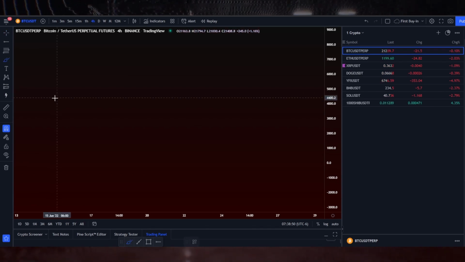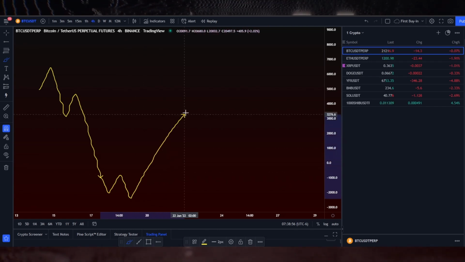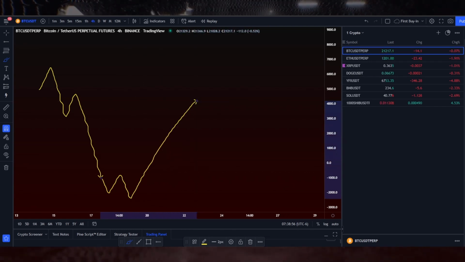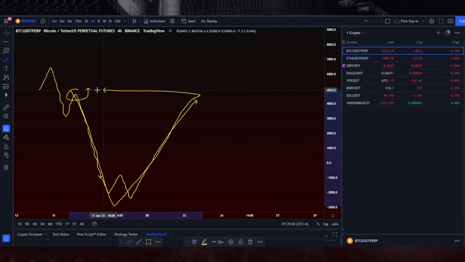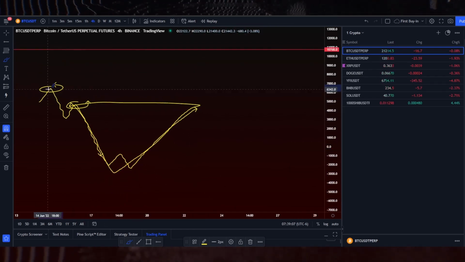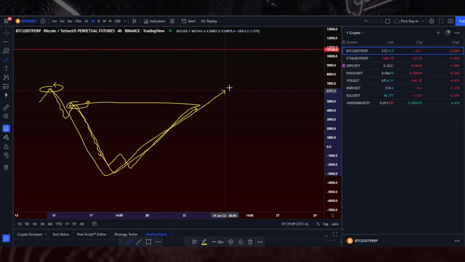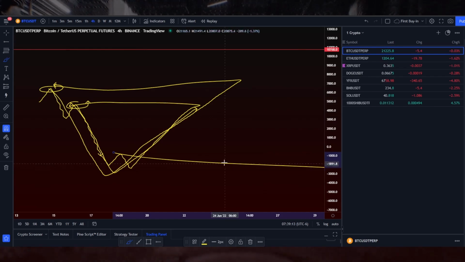Okay, let me just redraw this. Like this, and then like that. So this would be this. And this would be the same thing as this. So it's just if this float is tested or not.